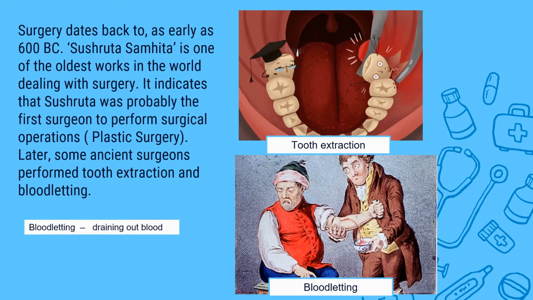After which we come to know other surgeons who performed tooth extraction, that is removing the damaged tooth, and bloodletting, that is draining out blood. It was used as a preventive measure from falling sick.